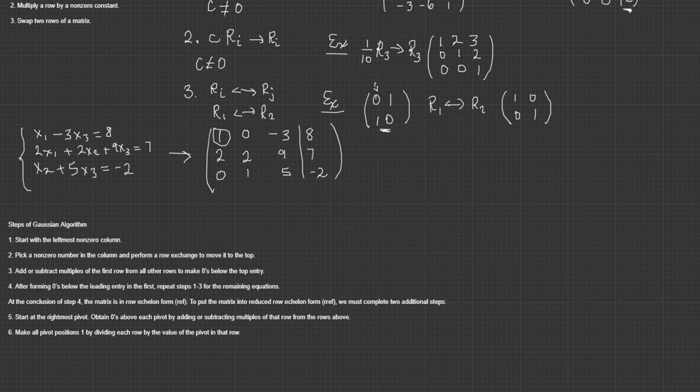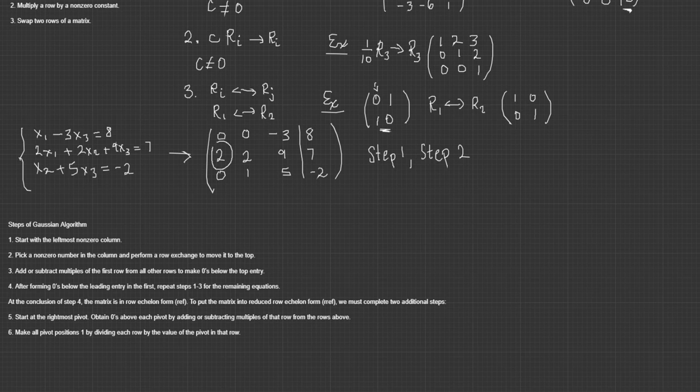So step 1 and step 2 are both going to be performed almost at the same time in a way. Because let's say instead of a 1 here, we had a 0, for example. Then when we start with step 1, we would still pick the first column as our leftmost non-zero column.